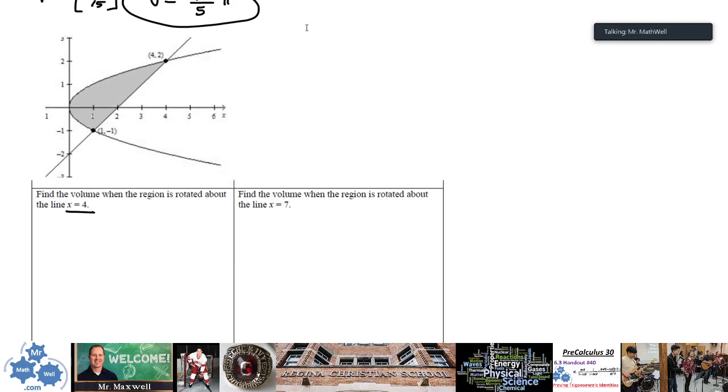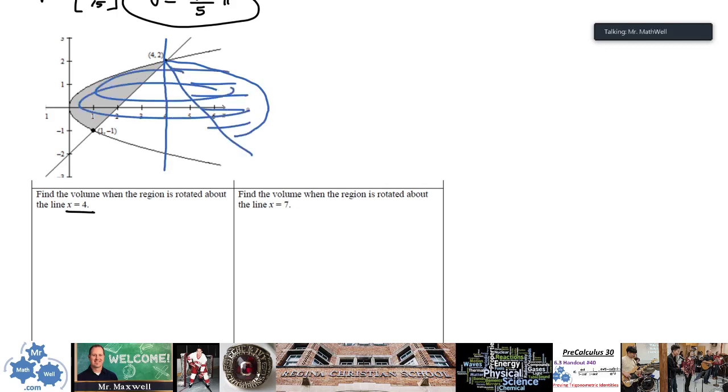So we're talking about this vertical line right here, x equals 4. It's going to rotate horizontally around this way. So that's kind of what we're looking for.